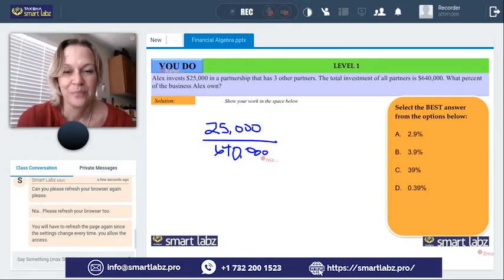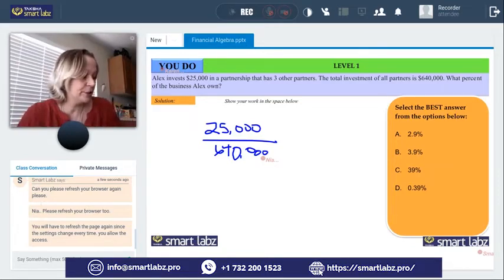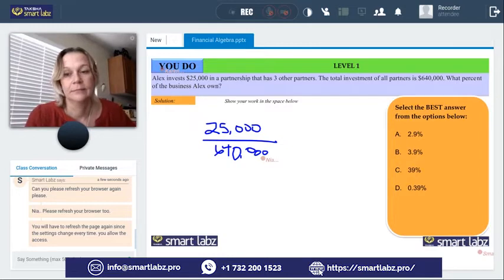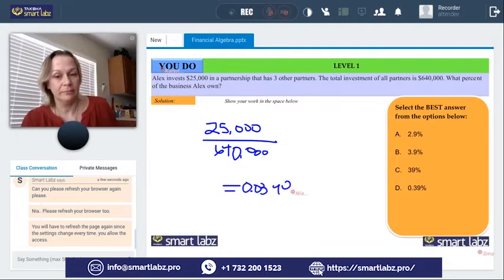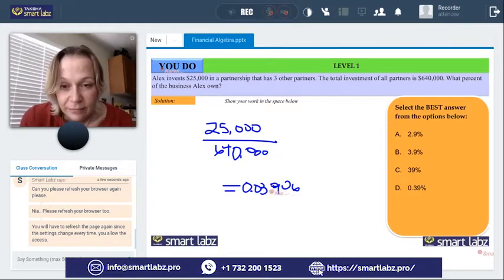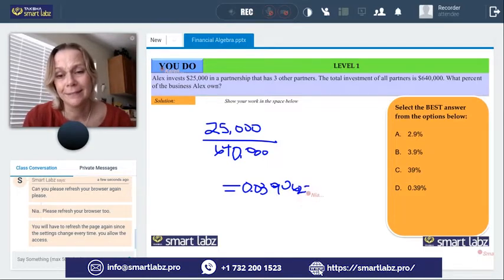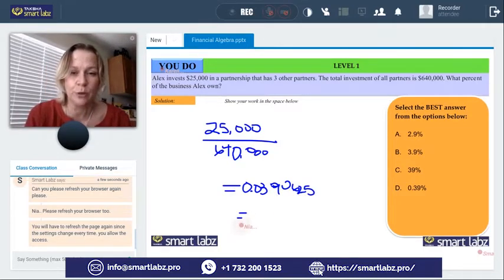So very good. And then, yep, do it on your phone. Very good. That's enough. No, you're fine. You're doing great. You don't have to write it all the way out there. That's good. Just be able to put it into a percent.